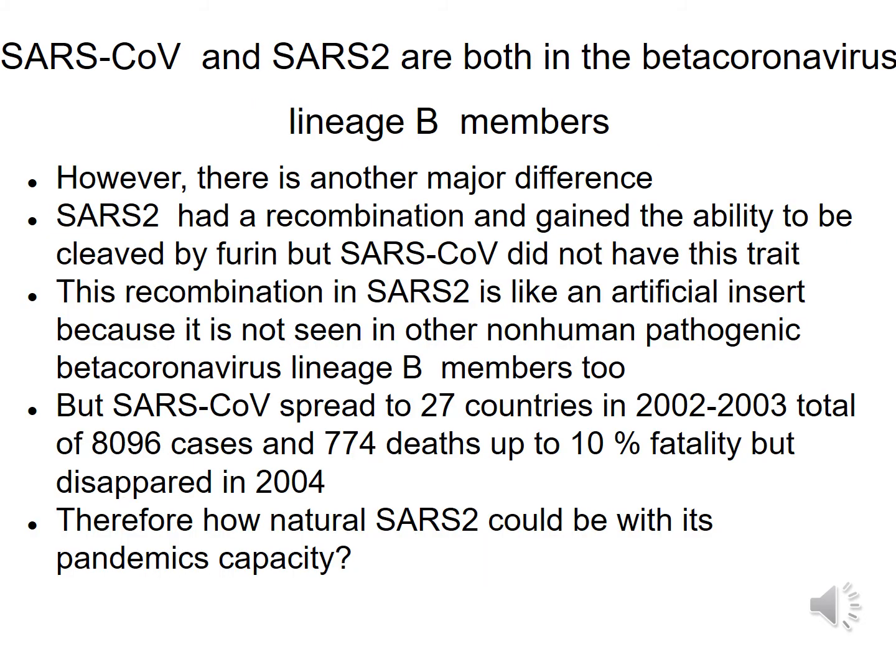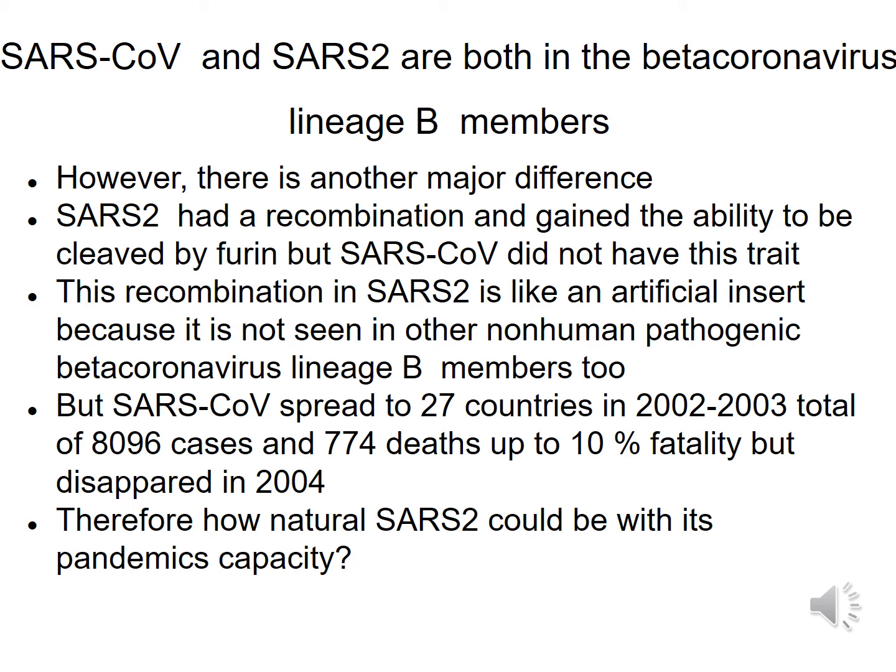So both SARS coronavirus and SARS coronavirus 2 are beta coronavirus lineage B members, but they have a lot of differences. Another major difference is that SARS-2 gained the capacity to be cleaved by furin. SARS coronavirus did not have this trait.